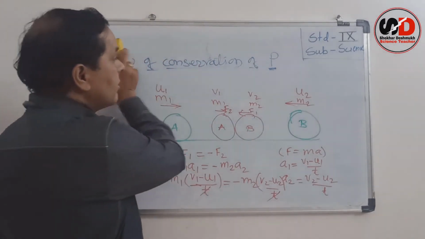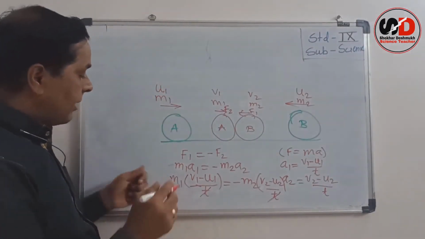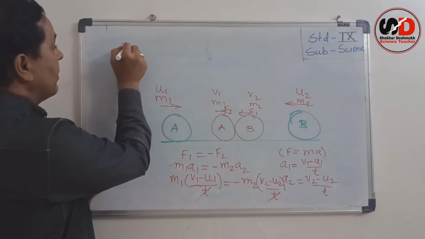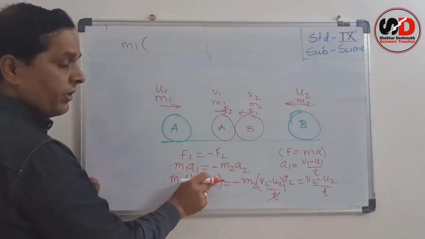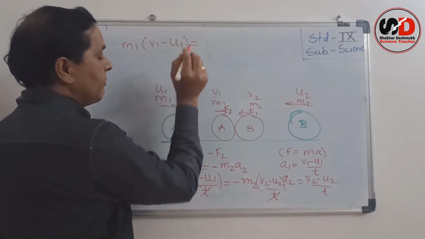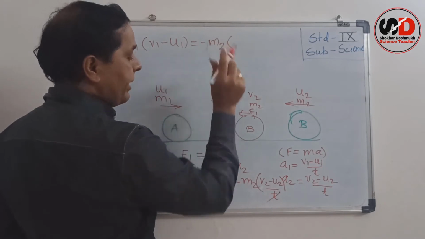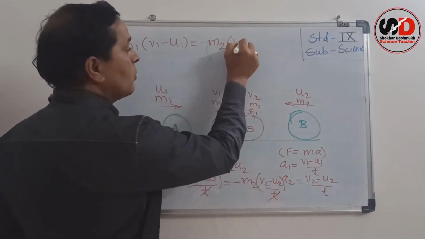I will write here. m1 in bracket (v1 minus u1) is equal to minus m2 in bracket (v2 minus u2).